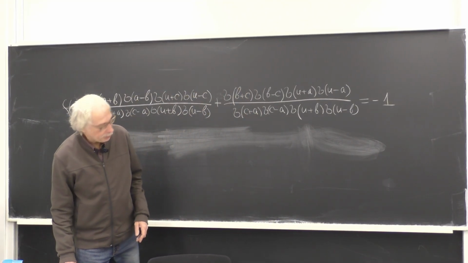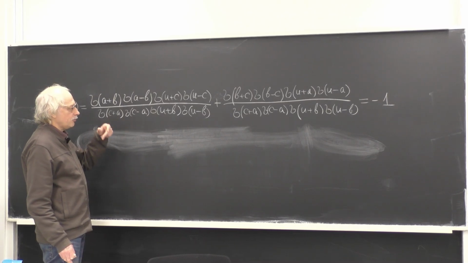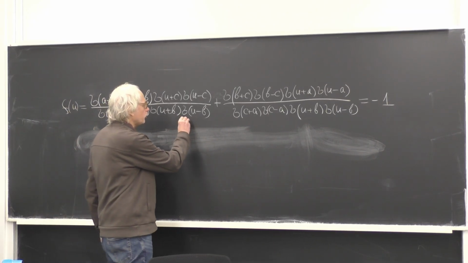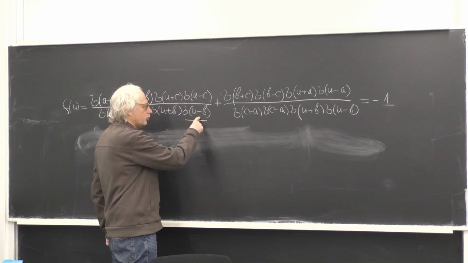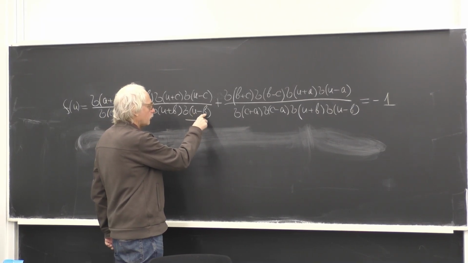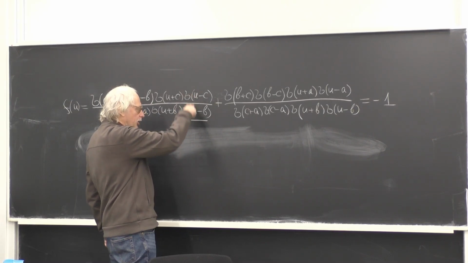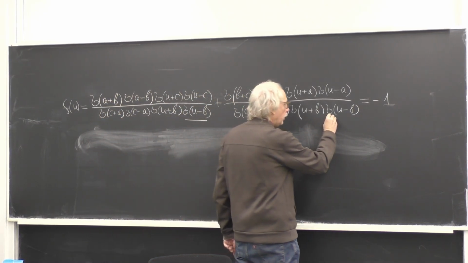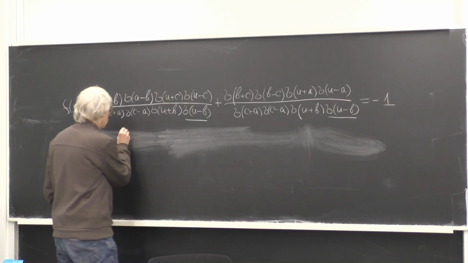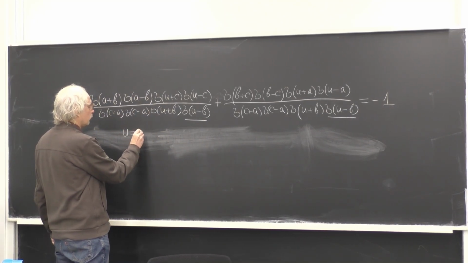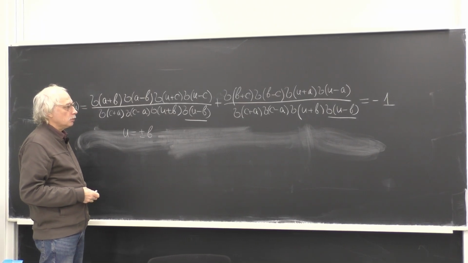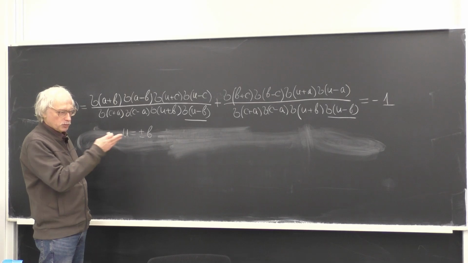Now let us see where it can have poles. Possible candidates for poles are, for example, this factor, which is 0 when u equals b. So we have 0 in the denominator, and this is a first order pole. And also we have this. So we should check two points, u equals plus or minus b. These are points where possible poles can appear.